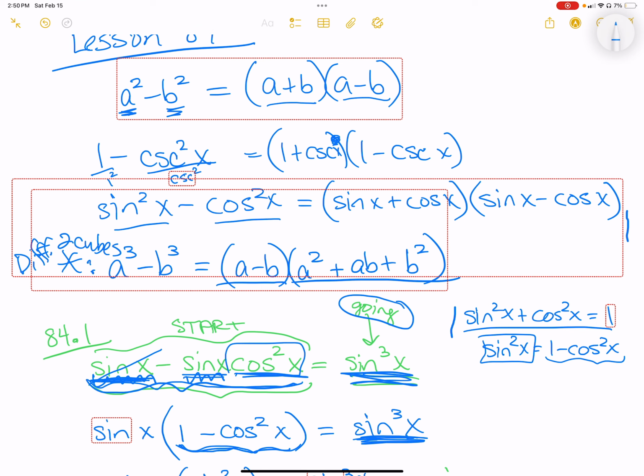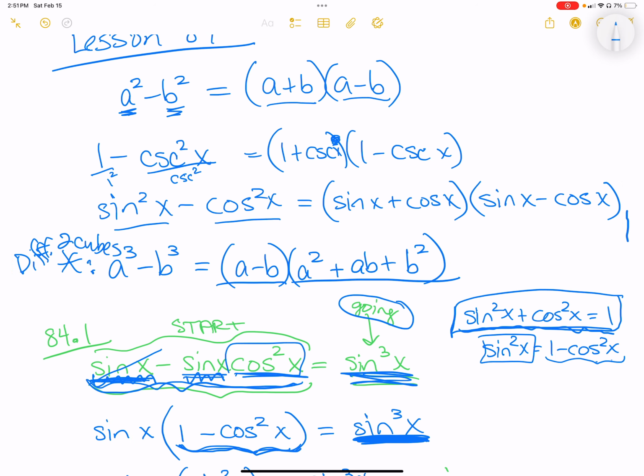So now I'm looking at this here. Well, it's a difference of 2 squares, but I'm trying to get to sine cubed. So breaking it down as a difference of 2 squares is not going to help me. But I do have a trig identity that says sine squared x plus cosine squared x equals 1. And so if I rearrange that, 1 minus cosine squared x equals sine squared x.